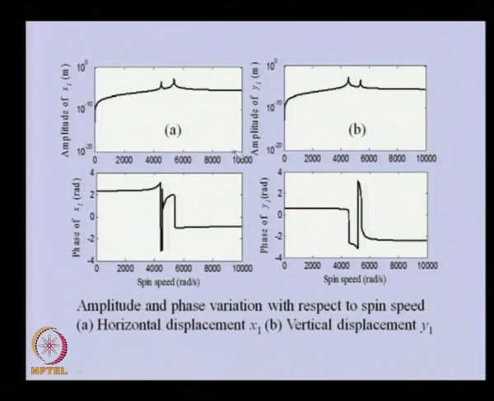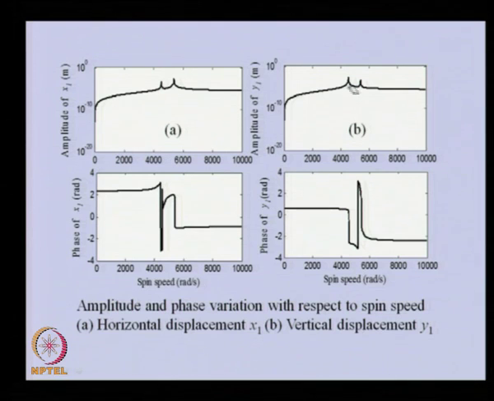This is the speed variation at one of the amplitudes we have taken here, of the displacement, and this is the phase of the displacement. These are the linear plots in x direction and y direction. You can see we get 2 critical speeds here corresponding to the resonance, and there is a change in the phase also.